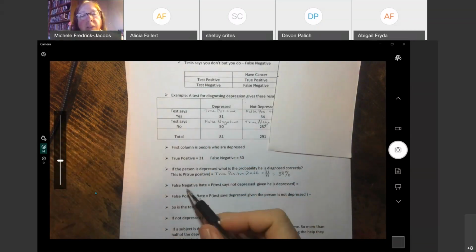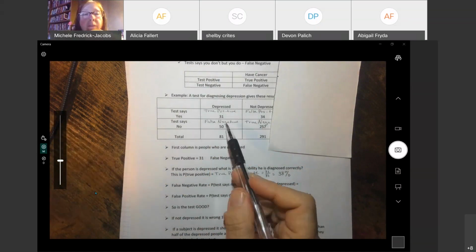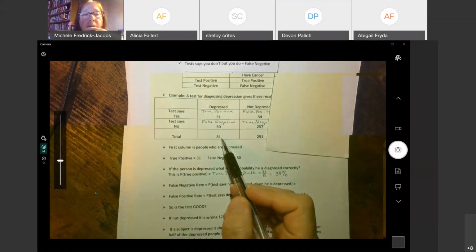So what the false negative rate means, the test says you're not depressed given you are depressed. And so it would be 50 out of 81.